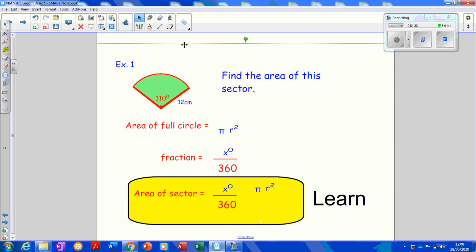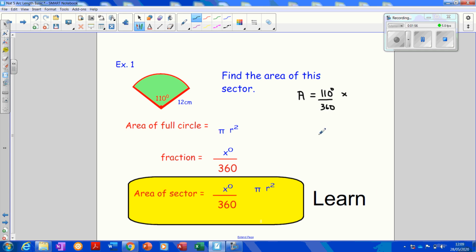Now, I'm going to do that question just up here at the side. Okay, so we want the area of the sector. So A is equal to x divided by 360. The angle is 110, so it's 110 degrees divided by 360 degrees, multiplied by the area of a circle, which is pi, 3.14, times the radius squared, and the radius from the centre to the outside is 12, so it's 12 squared.